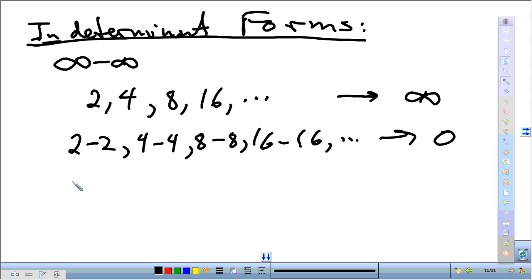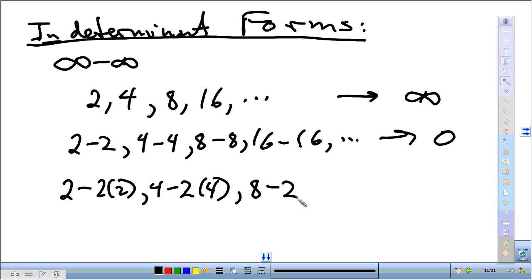But if I took and subtracted 2 of them, so infinity minus infinity, then this progression looks like it's going to be very large negative numbers.